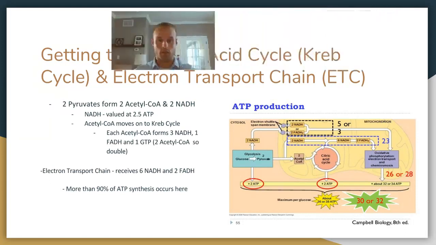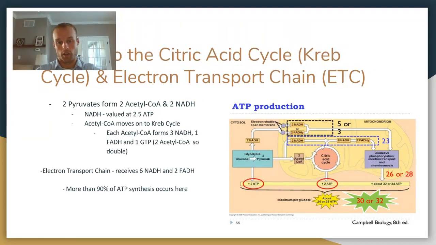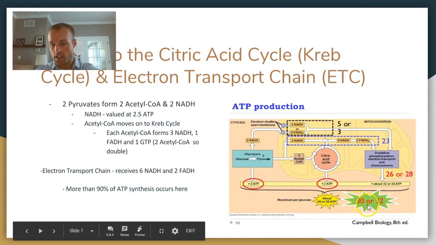Now, for us to get into the citric acid cycle or the Krebs cycle and electron transport chain, 2 pyruvates go to 2 acetyl-CoA, like I talked about, forming 2 more NADH, which will be 5 ATP. And you can see that it says 30 or 32 ATP netting.